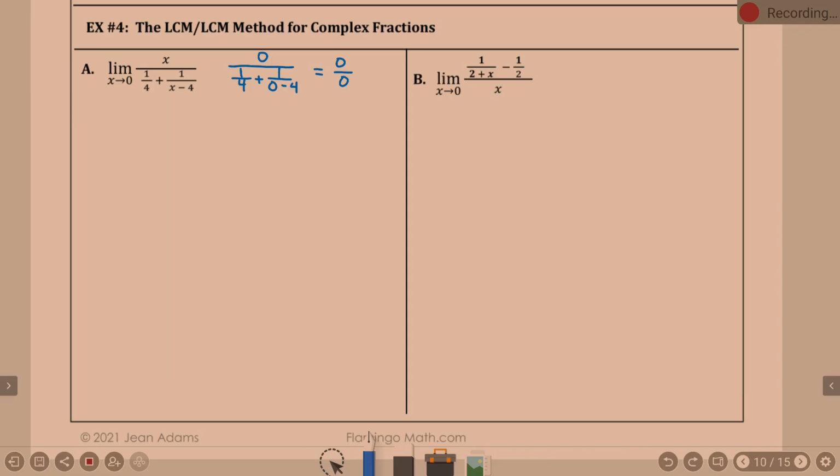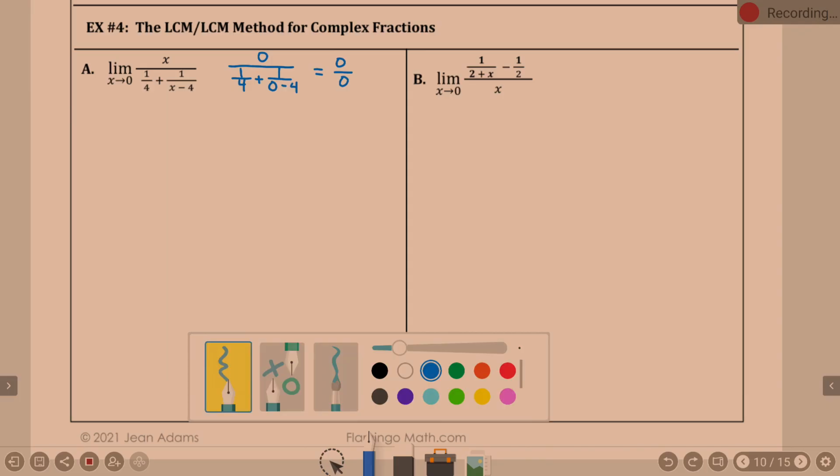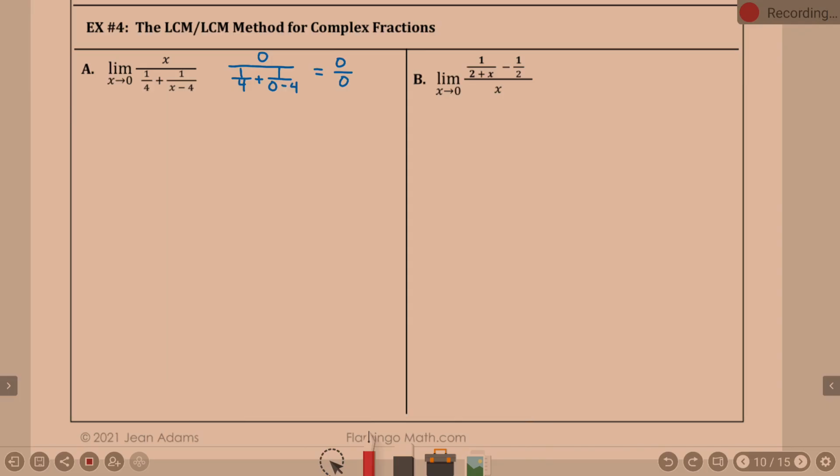In order to deal with this, we need to get rid of those fractions in the denominator. If you were getting a common denominator, what would that common denominator be? In other words, the least common multiple of those denominators.